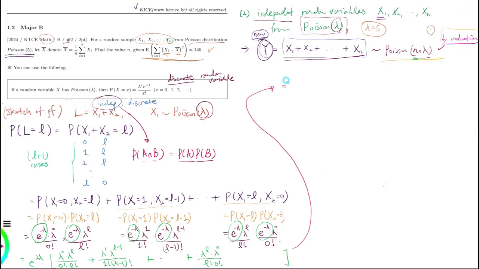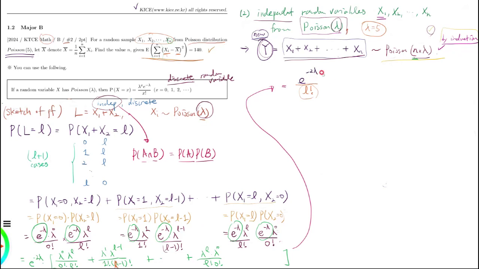And let me rewrite this term to make you see the rule more conveniently. Let me pull out the l factorial term here, and then there's a mistake. This should be l, not lambda here.